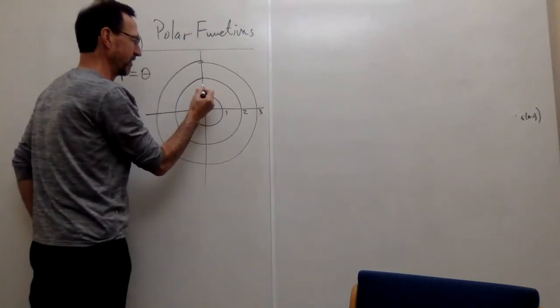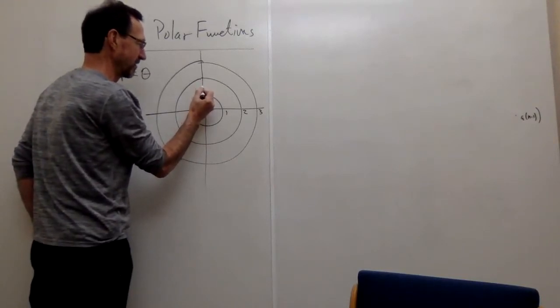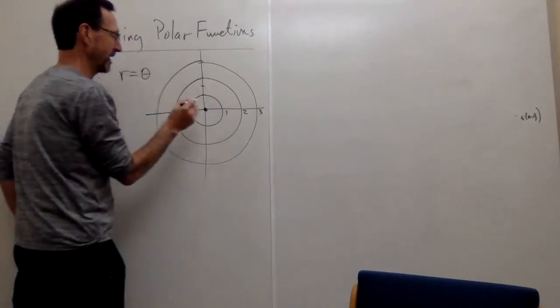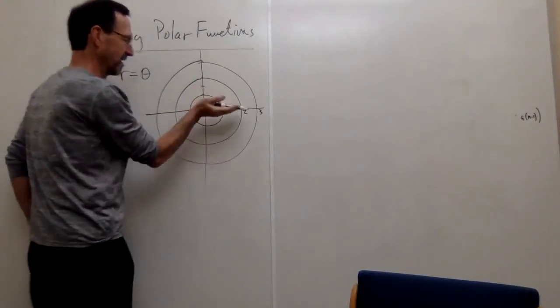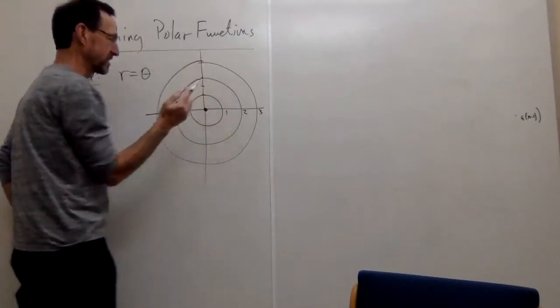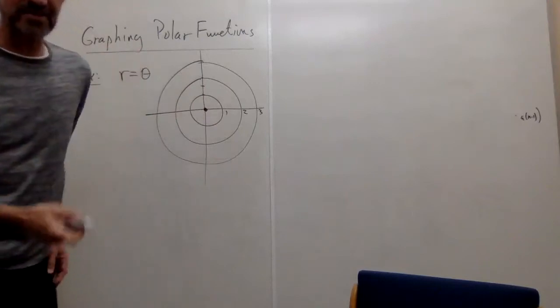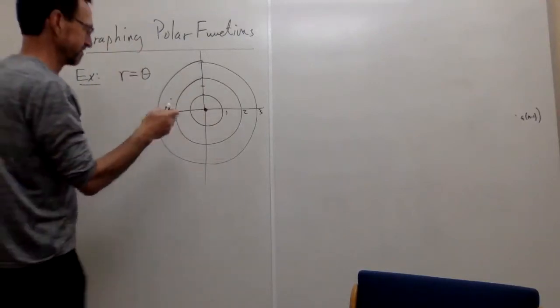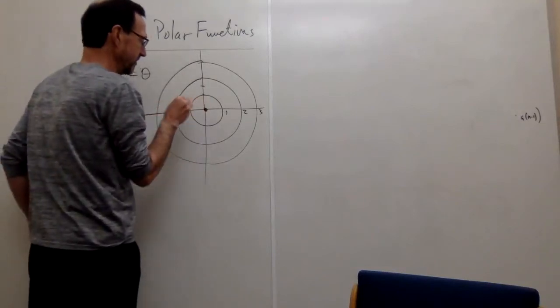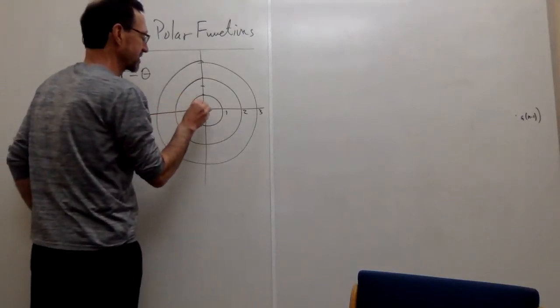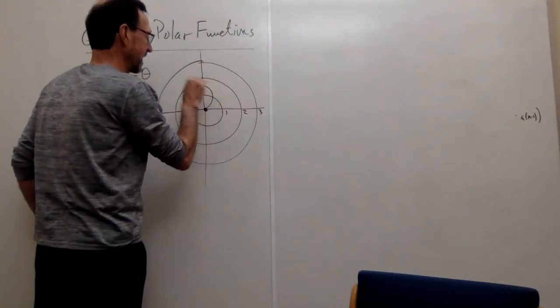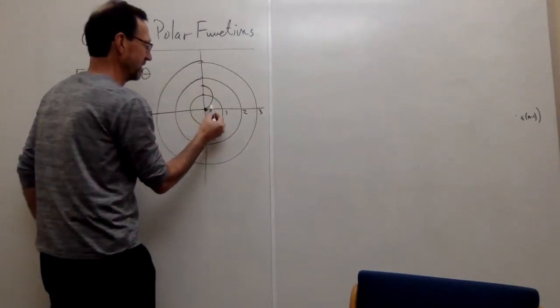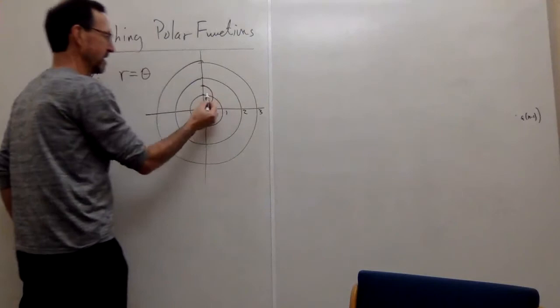Well, we need to be at 1.57, just a little tiny bit over halfway in between. And as we go from here to there, theta goes from 0 to pi over 2. R gradually increases. Well, R increasing means it gets further away from the origin. And so we get a graph that looks sort of like that. Gradually further away from the origin.